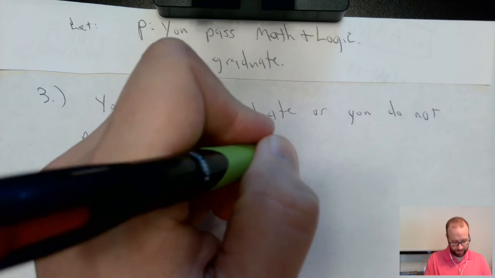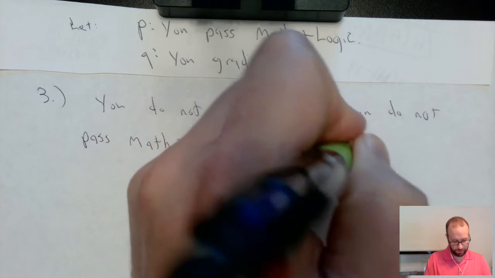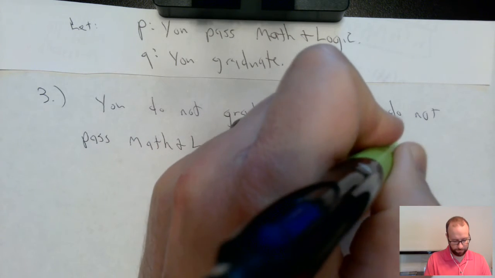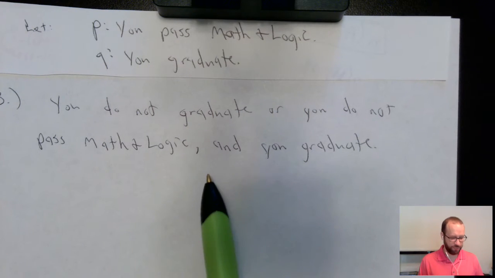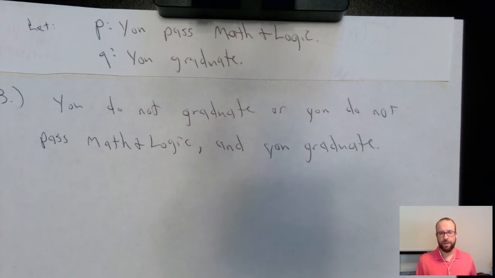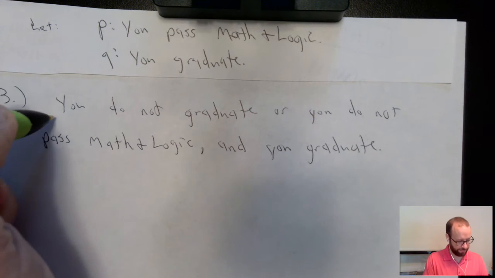Comma, and you graduate. Okay, that is you do not graduate or you do not pass math and logic and you graduate. Okay, there's something new here that I need to show you. Specifically, it's what do commas do. Let's not worry about the comma for a second. Let's just get down what things we have here in order.